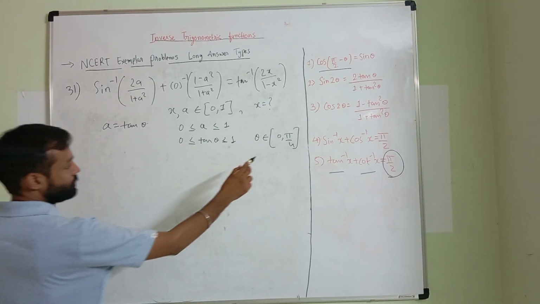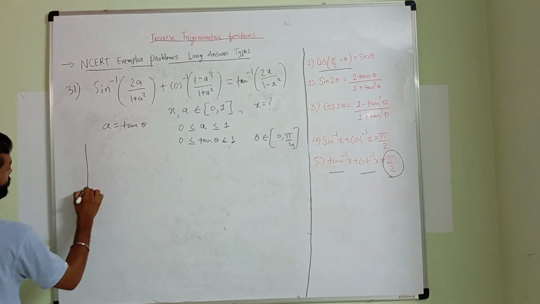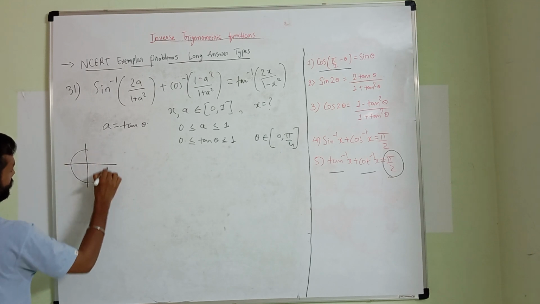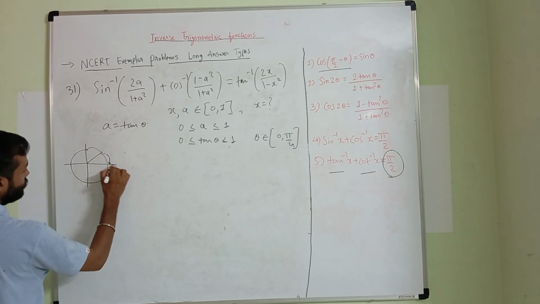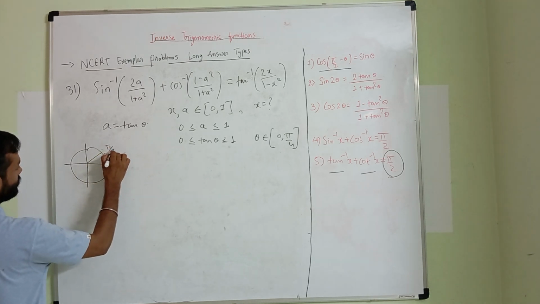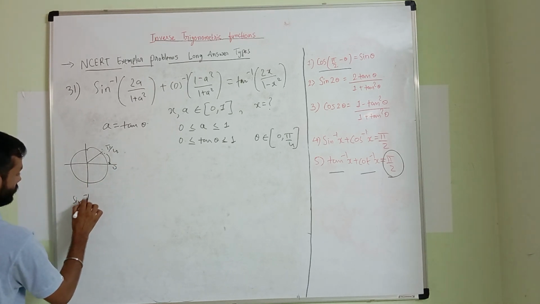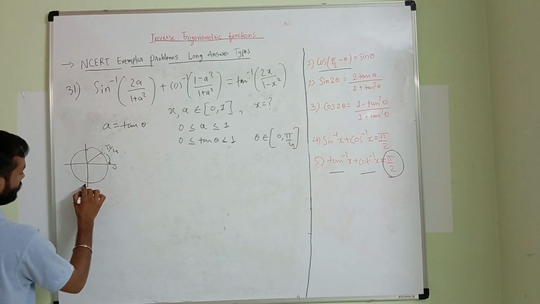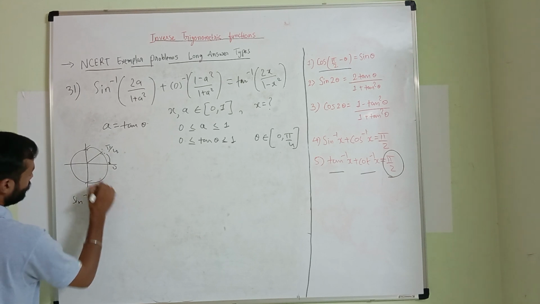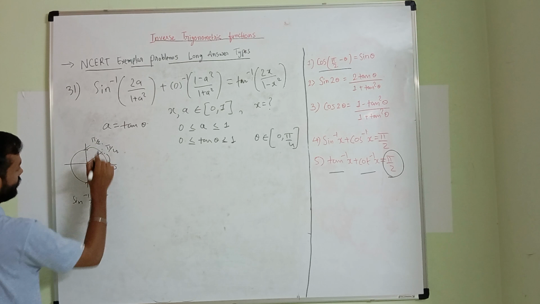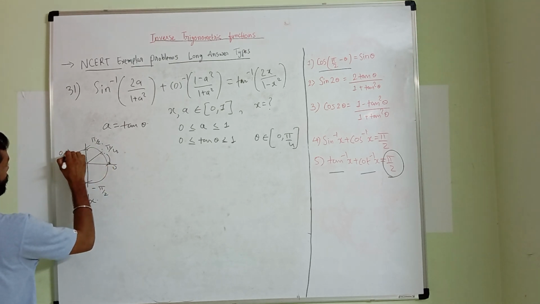Since theta belongs to 0 to pi by 4, when we draw it on this unit circle, this theta will be from 0 to pi by 4. For sine inverse x the required range is from minus pi by 2 to pi by 2, and for cos inverse x the range is from 0 to pi.